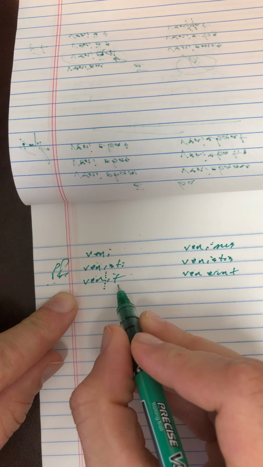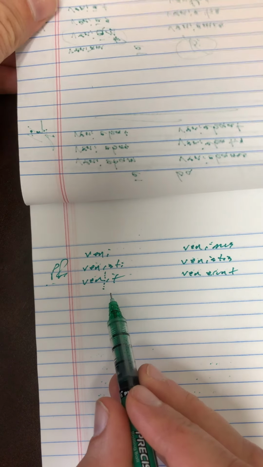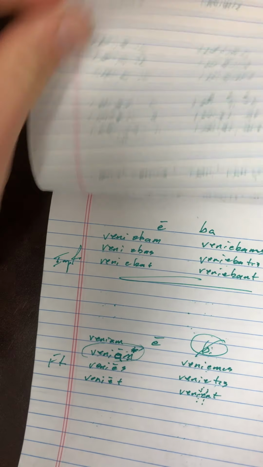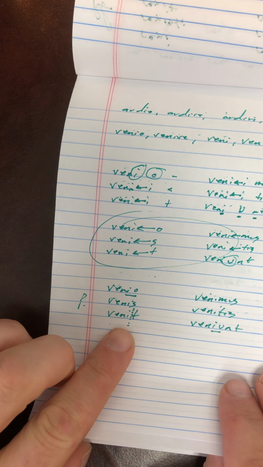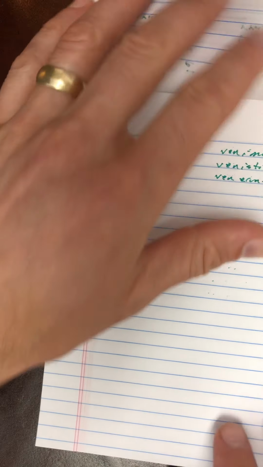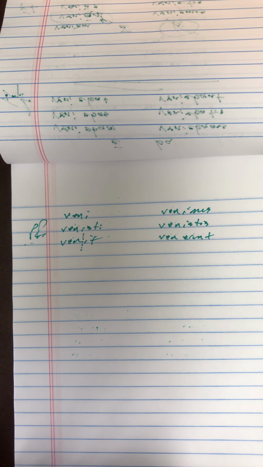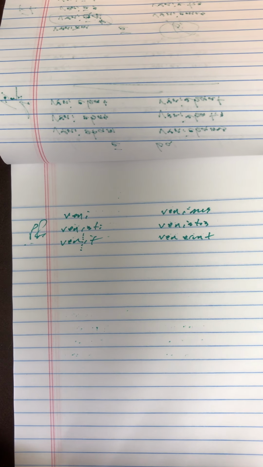It is the special perfect personal ending. For that strange reason, venit and venit look exactly the same. So you will know whether it is perfect or whether it is present by context with a word like venio. There are a few of them. Venio is probably the most common in this way, but you'll know it by context.